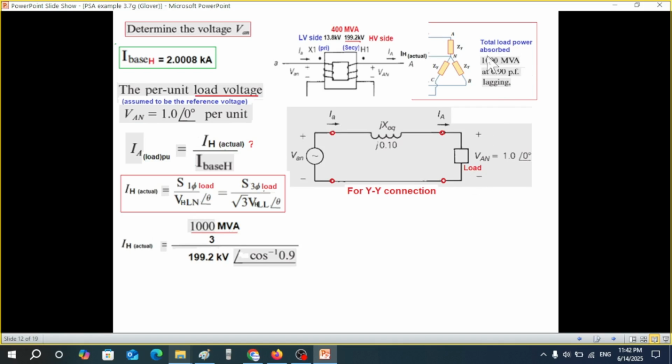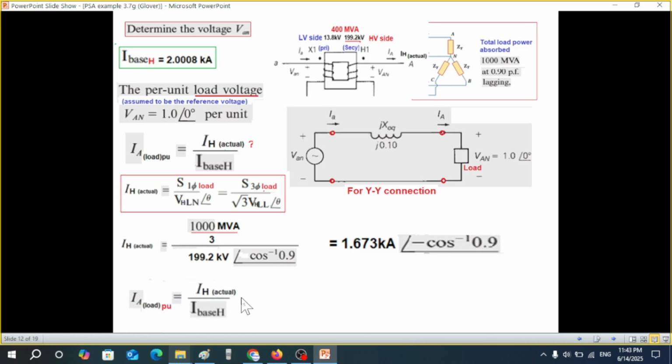This is the total power divided into 3 loads. So divided by 3, and VLN is 199.2 kV. And from the power factor lagging, we can find the cosine inverse 0.9 to be the angle. And this, when we solve, we get this result.